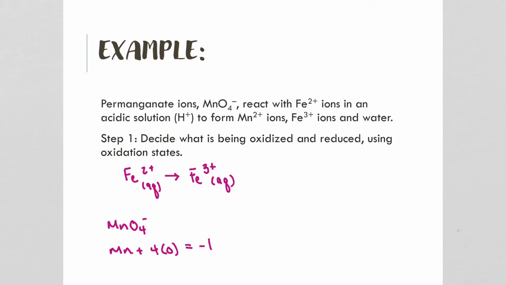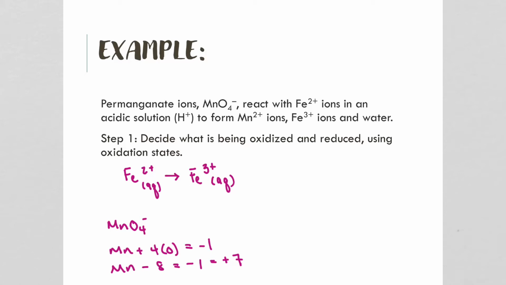Remember that the oxidation state for oxygen in compounds is -2. So it's going to be Mn minus 8 equals -1. So we transfer the 8 over, and the oxidation state for manganese is +7 in the permanganate ion.